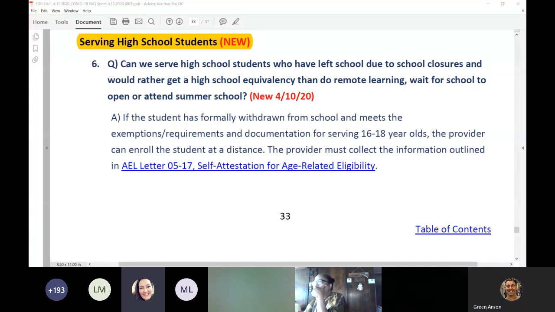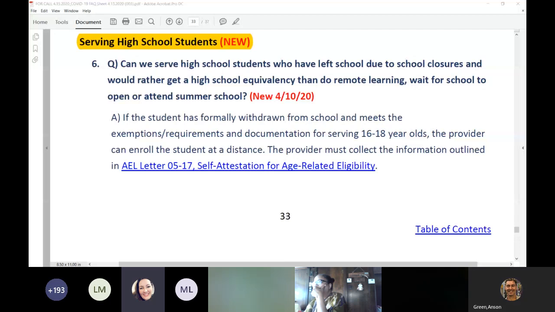The answer is, if they have formally withdrawn from the school and they meet all the requirements that we have, I think it's 0517, then yes, you can serve them, because you're determining that they are considered out of school.